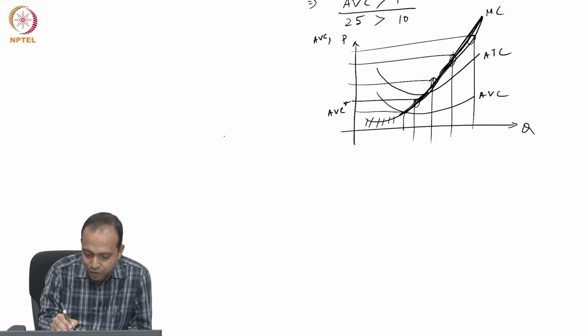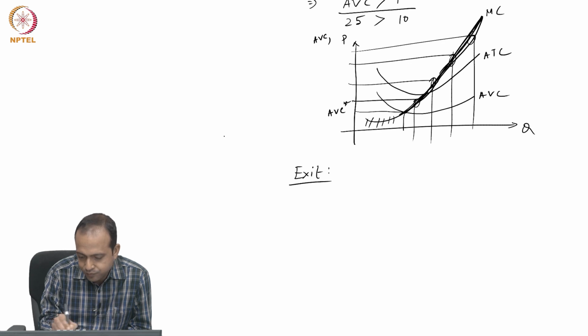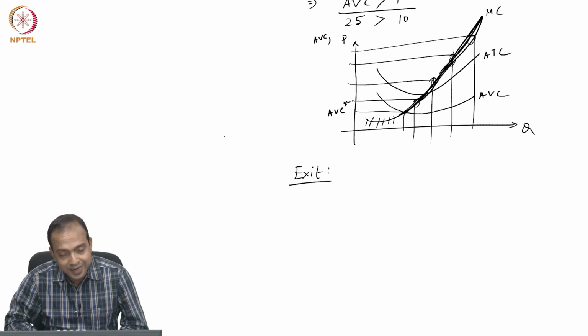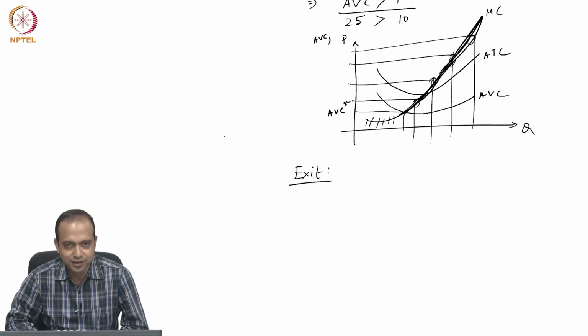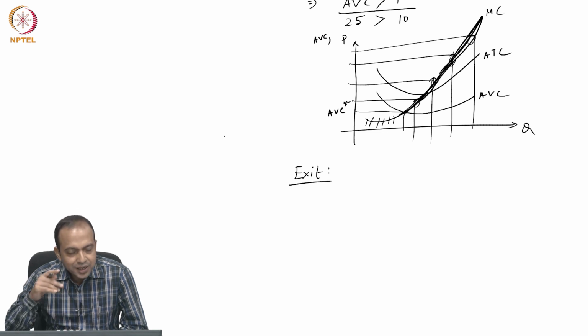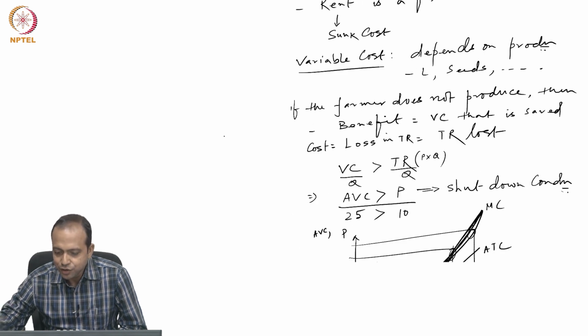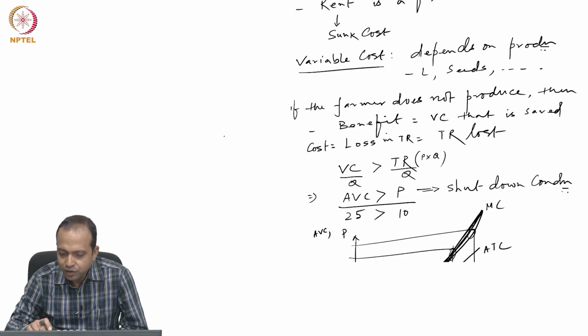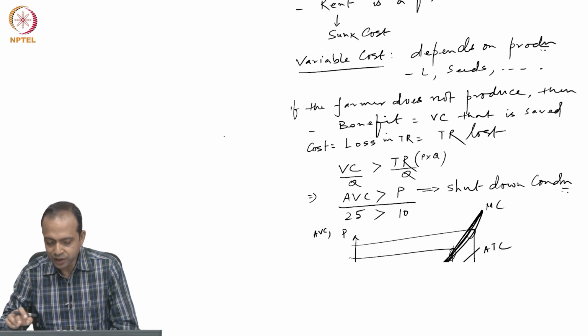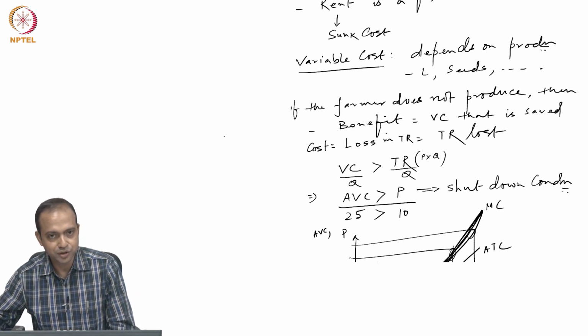Now, let us talk about exit. When should the firm exit from the market? See, the shutdown condition, we said that when the farmer is shutting down, total revenue is less than variable cost.